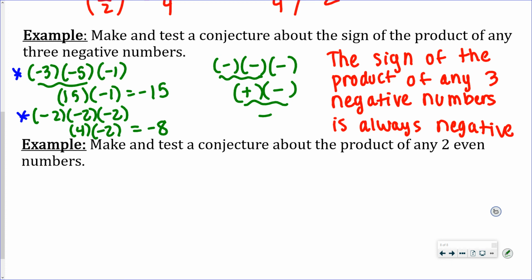Make and test a conjecture about the product of any two even numbers. So let's start on a couple examples. Let's have two even numbers. Maybe see what their products have, so that you see this pattern.